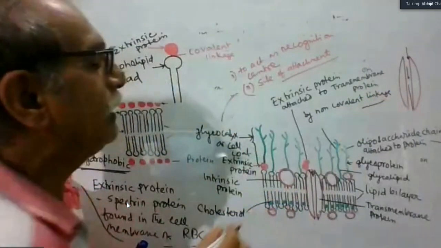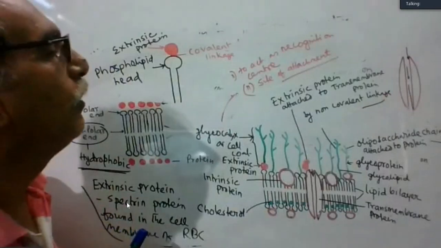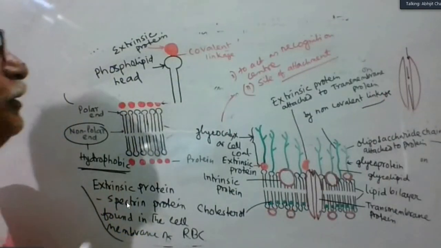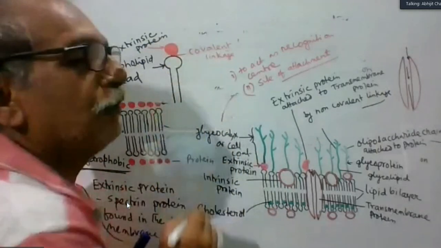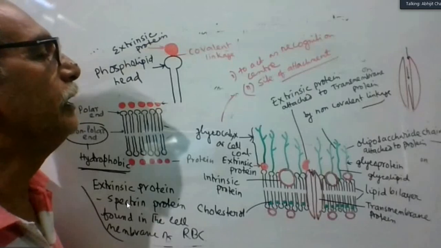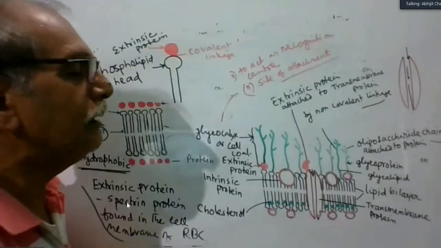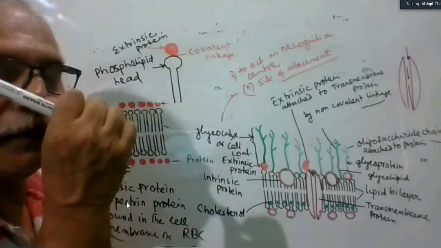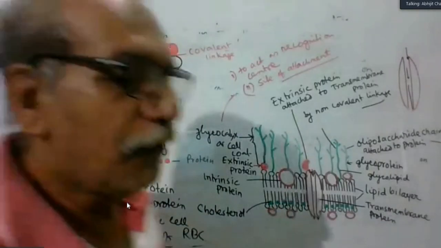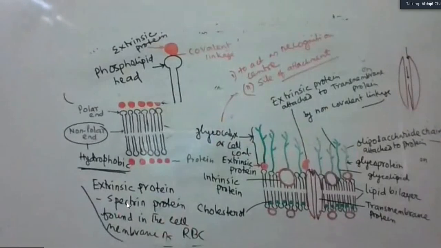So two types of linkage are found here. One is the covalent linkage between the extrinsic protein and the phospholipid head. The other is the non-covalent linkage between the extrinsic protein and the transmembrane protein. So this is what the fluid mosaic model, as discussed by Singer and Nicolson, says. Clear?